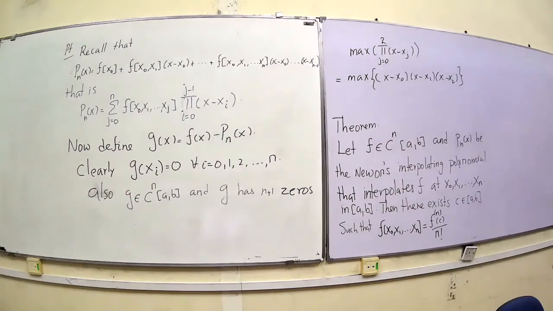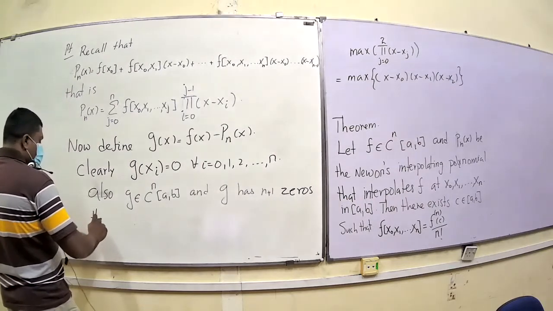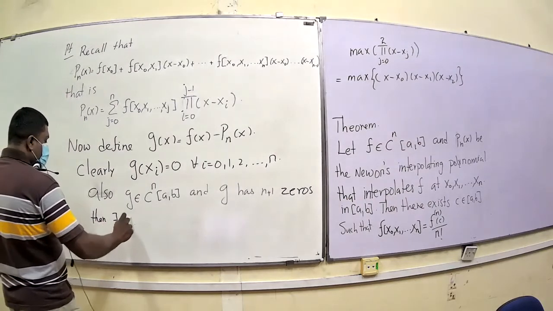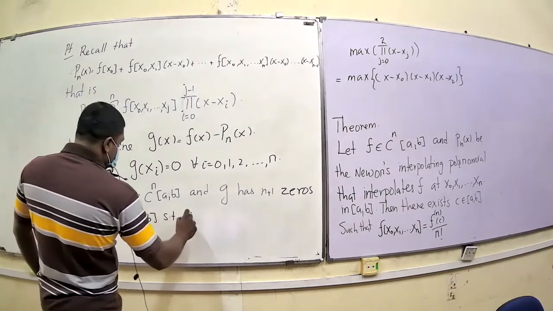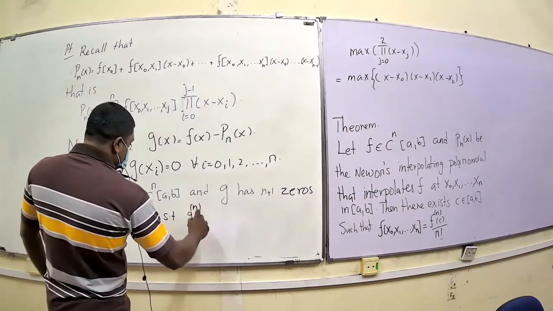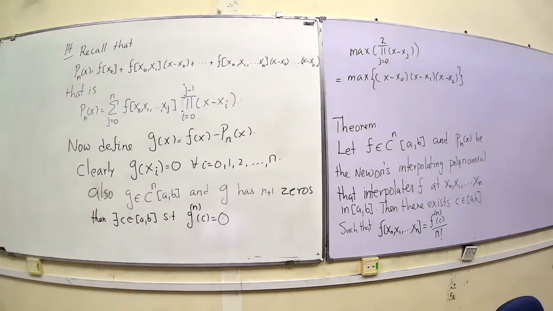So then the possibility is there exists a c in between a and b such that the nth derivative of g will be 0 at that c, right?